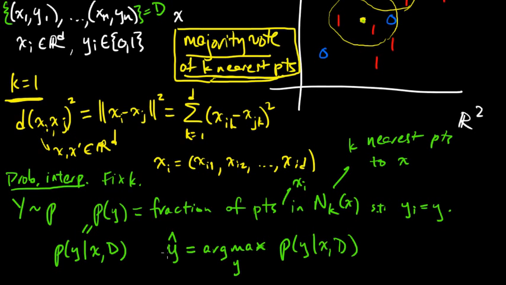For x, the label that you would predict: for each possible value, in this case y just takes values 0 or 1, for 0 you compute the fraction of points, and for 1 you compute the fraction of points, and then you choose the value of y for which that was maximized. So this is exactly reproducing the majority vote, just putting it in a probabilistic framework.